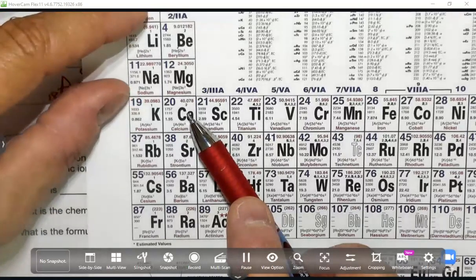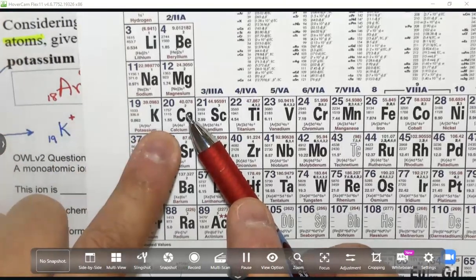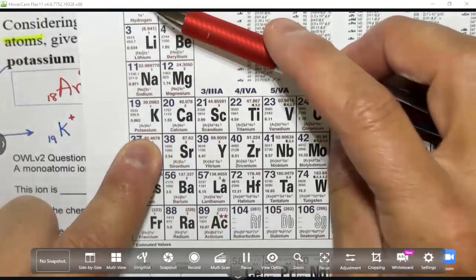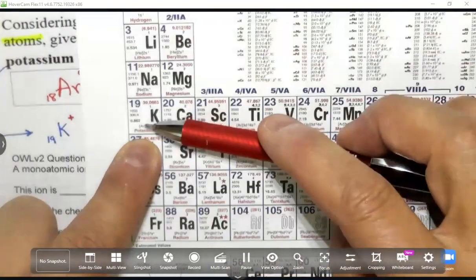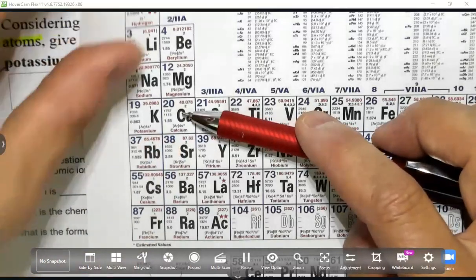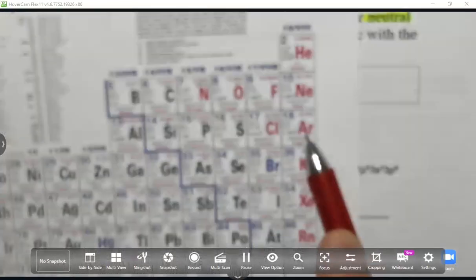Calcium wants to get rid of 2 electrons, correct? If it gets rid of the 4s2, it's going to have the same outer electrons as argon.